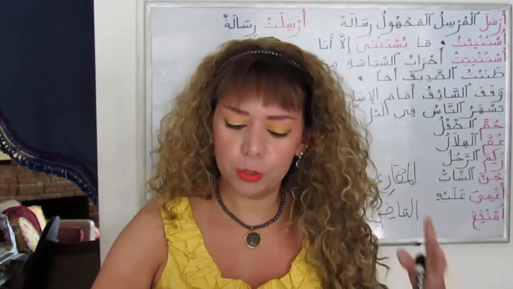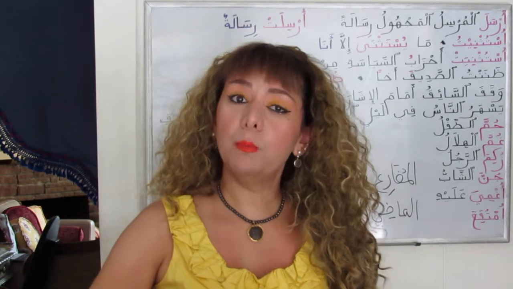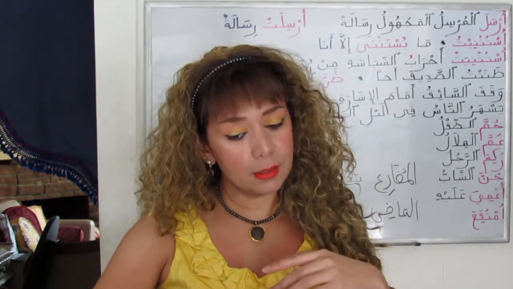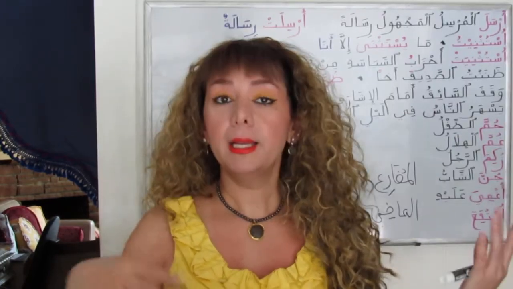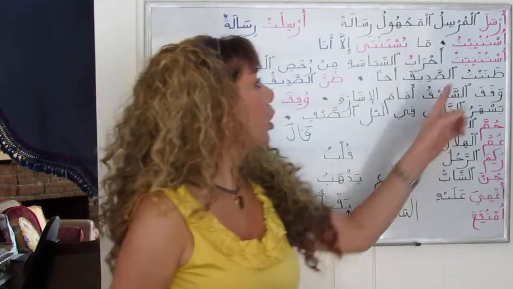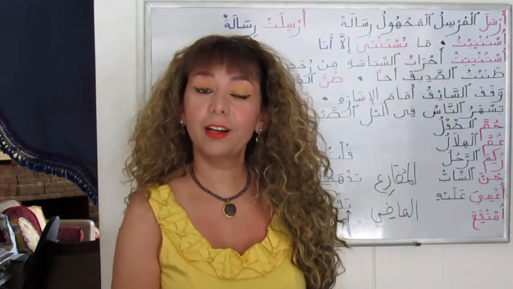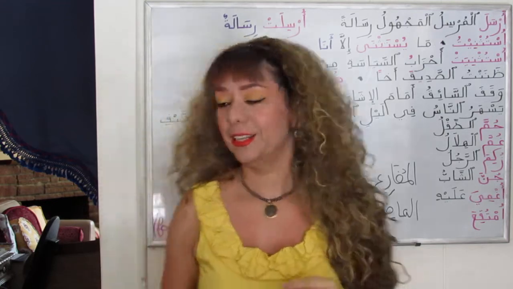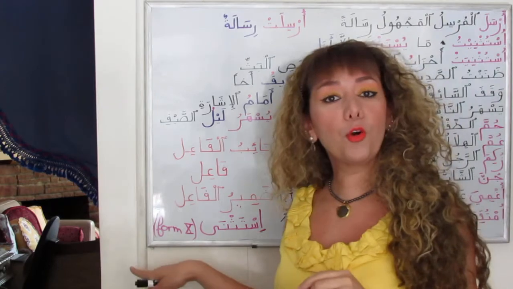Or you do not want anybody to hear you gossiping about him or her. So نائب الفاعل can be implicit or explicit as an apparent noun. أستثنيت. I picked a hard verb, I think. استثنى from form 10.